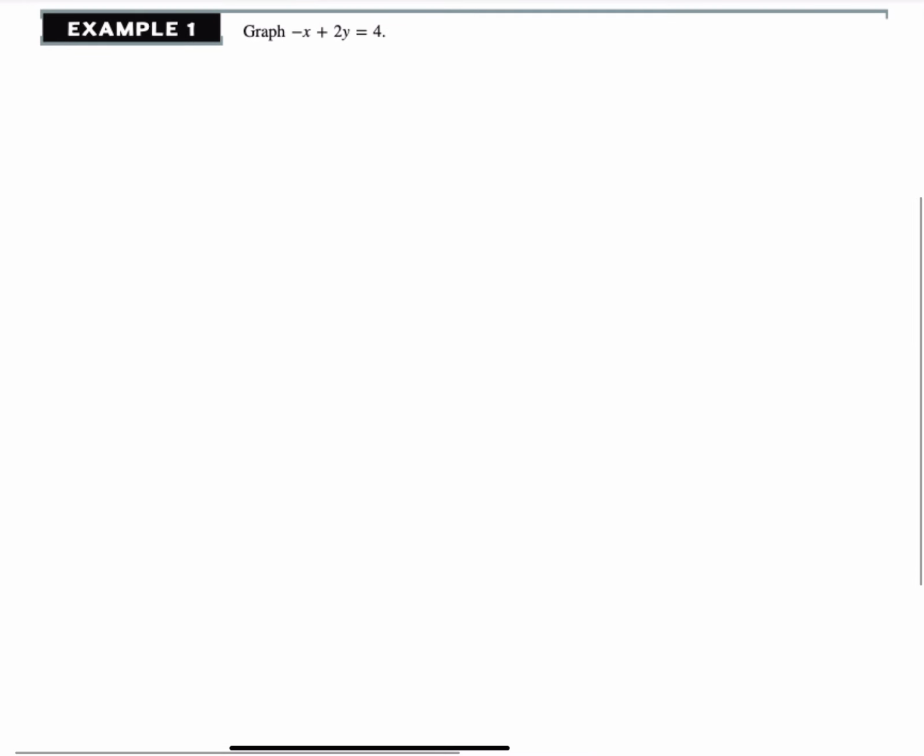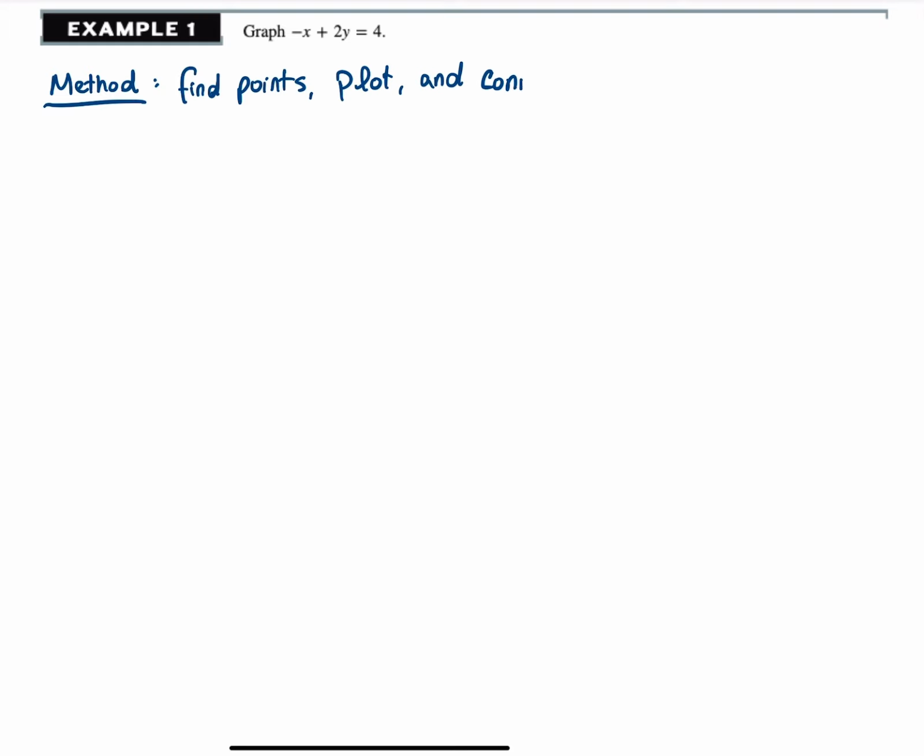So in example 1, they want us to graph negative x plus 2y equals 4. So we're applying this method, where we're going to find points, plot them, and connect them with a line, specifically a straight line.